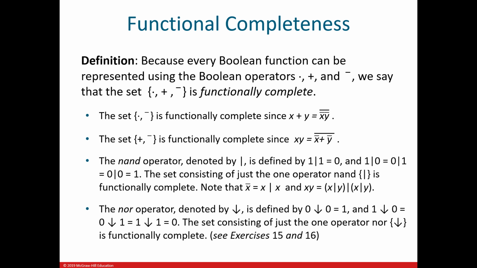Then, every Boolean function can be represented using these different Boolean operators that we saw. So we can either use the product operator or sum or complement. So we say that this set is a functionally complete set, because every operation can be shown using these basic operations.